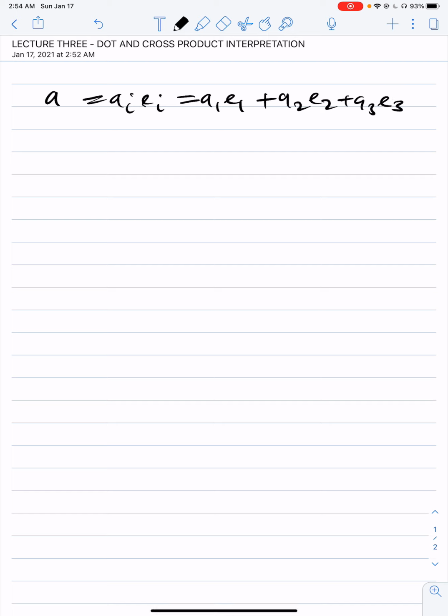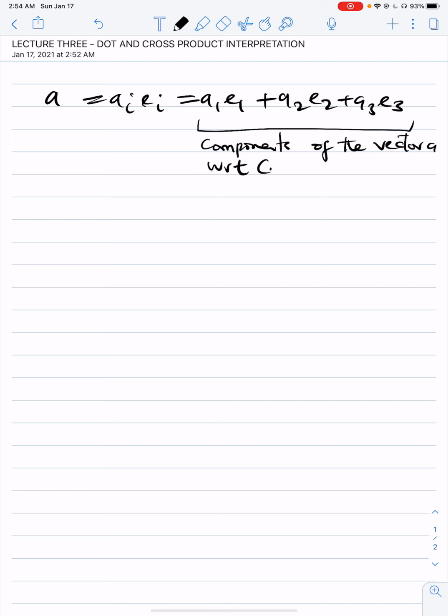So these are the components of the vector A with respect to the basis e_i, that is e_1, e_2, and e_3.